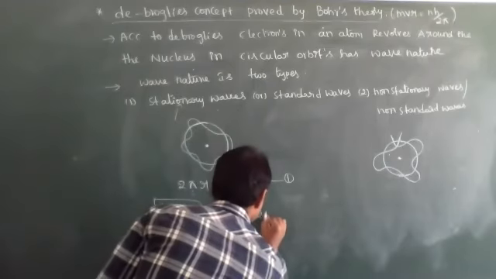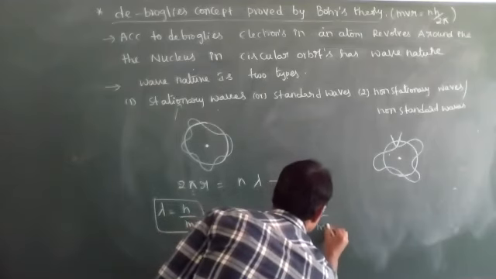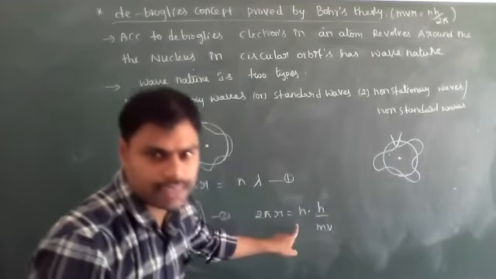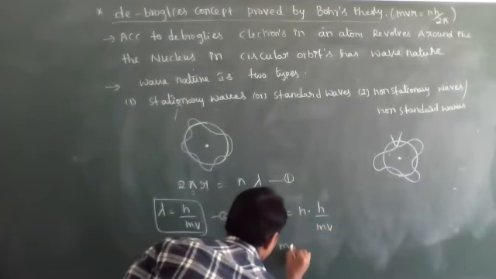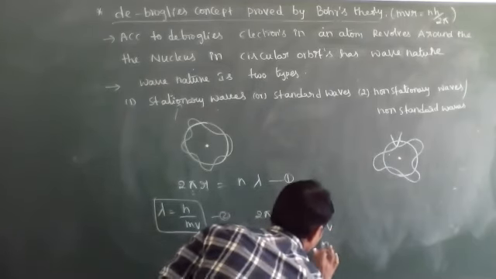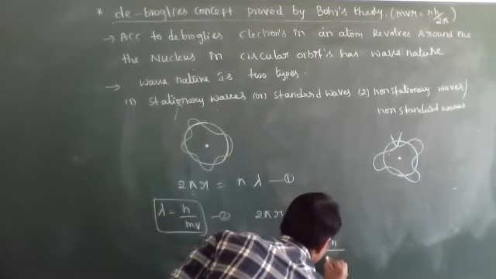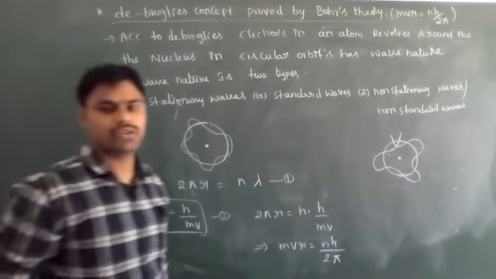From this, 2 pi r is equals to n into h by mv. So this mv in the denominator comes to this side, mvr is equals to nh by 2 pi.